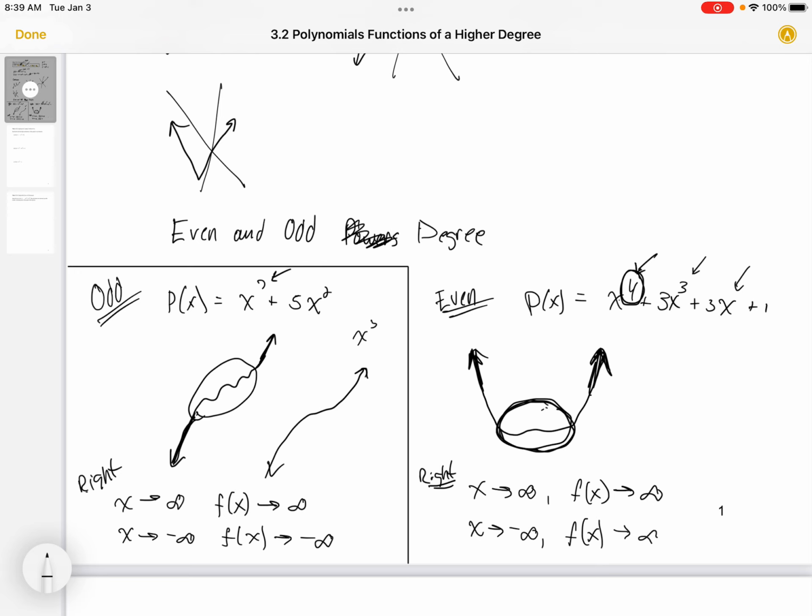So our y values, f of x, is going to infinity. Okay, so knowing the degree of the polynomial helps us determine the end behavior, which can be very helpful when it comes to graphing polynomials and describing some of those characteristics.